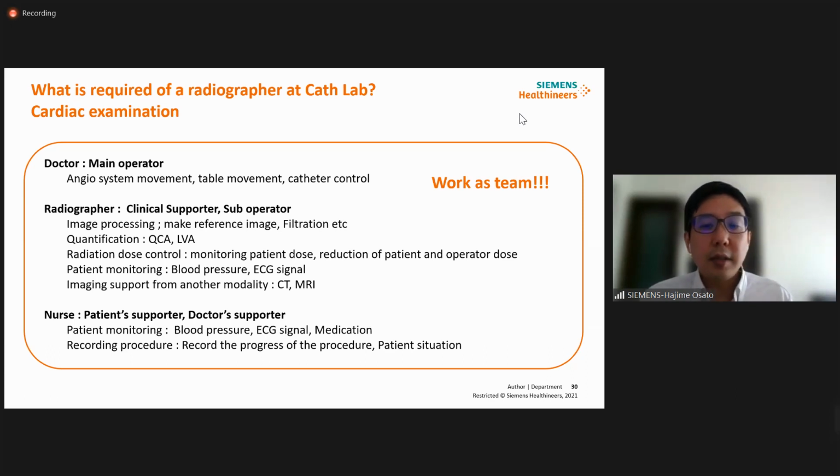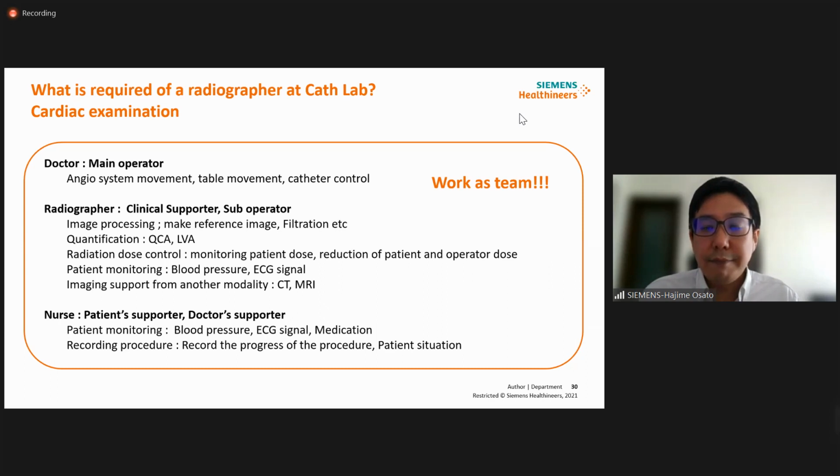The heart is moving, so that's why a high frame rate is used for cardiac cases, and CM angulation becomes a steep degree. So that's why the total dose increases faster in the cardiac case.